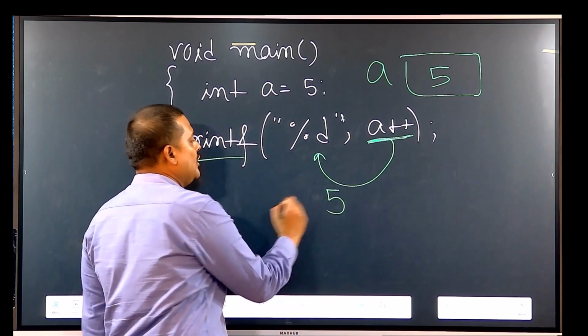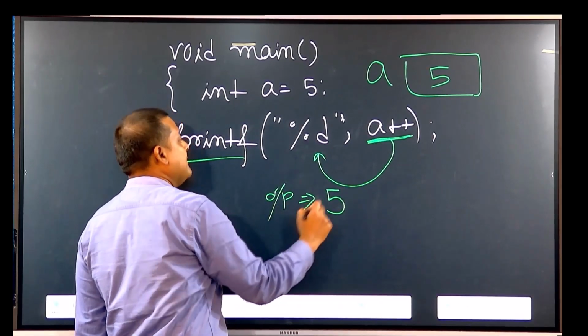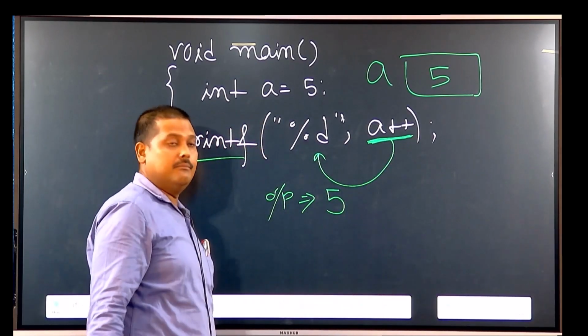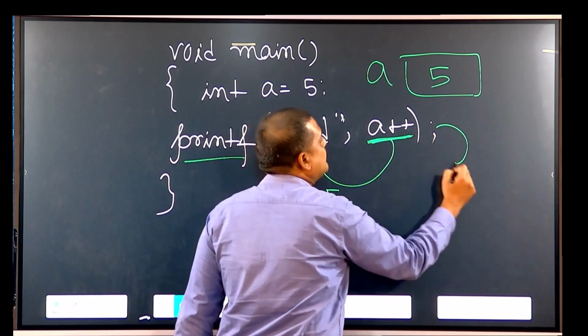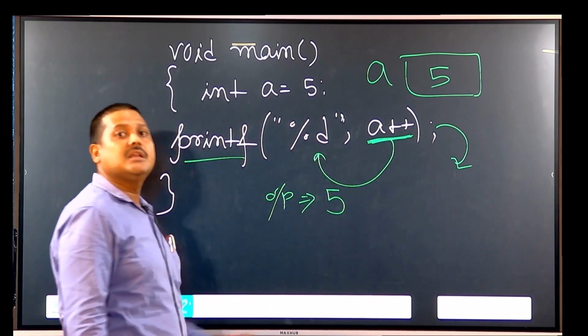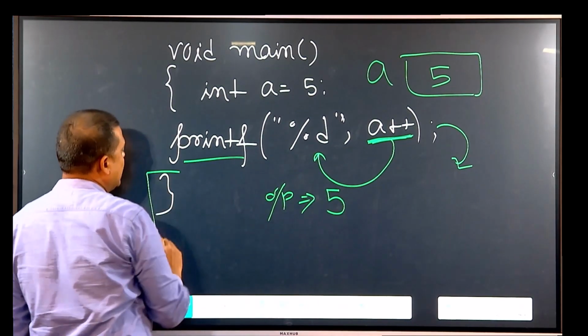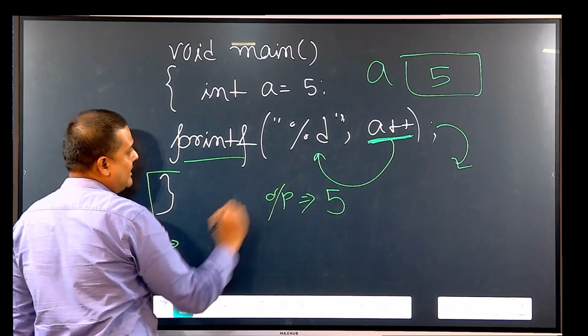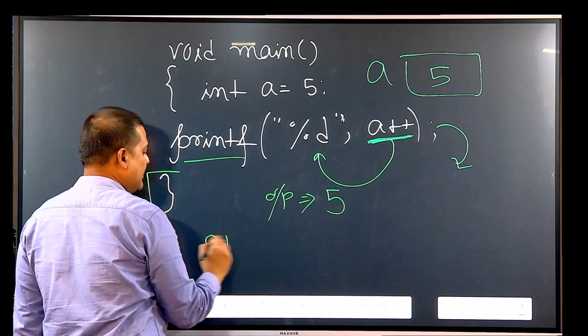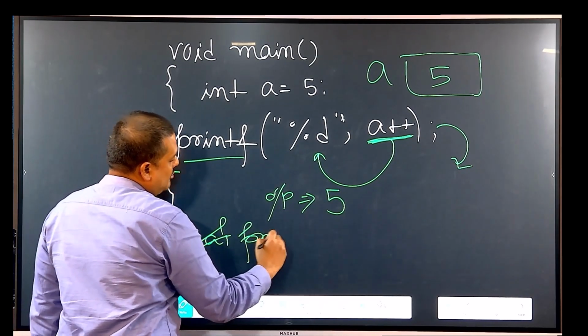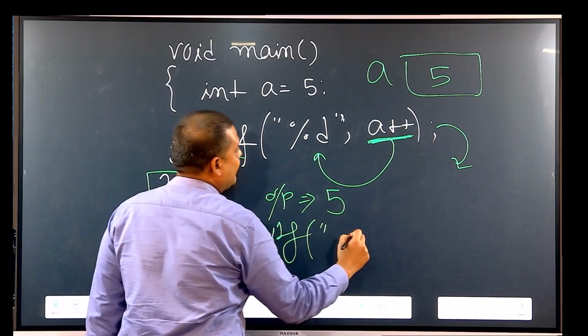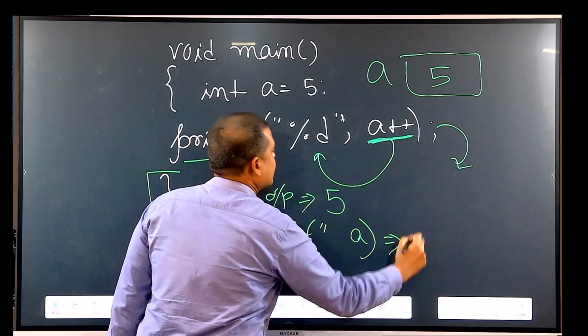So, the output for this case will be 5. Then after this statement, the increment operation will be performed, and if in the next line we write printf with the value of A, then it will be 6.